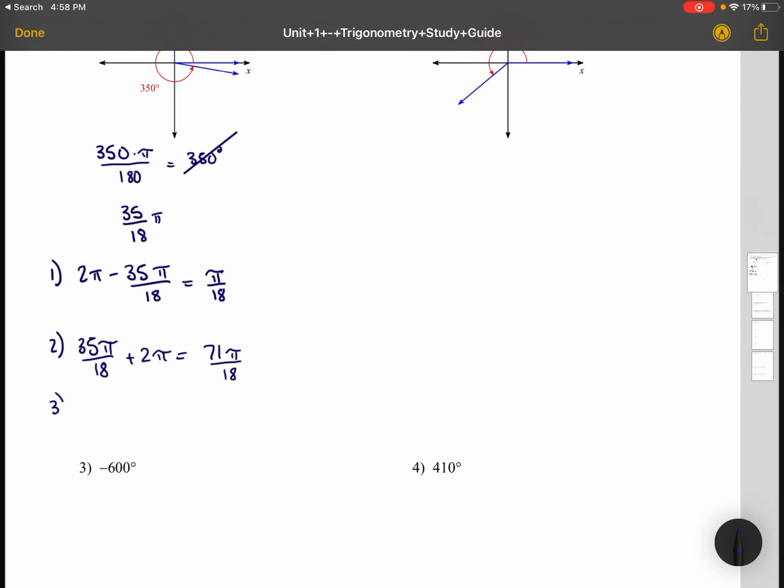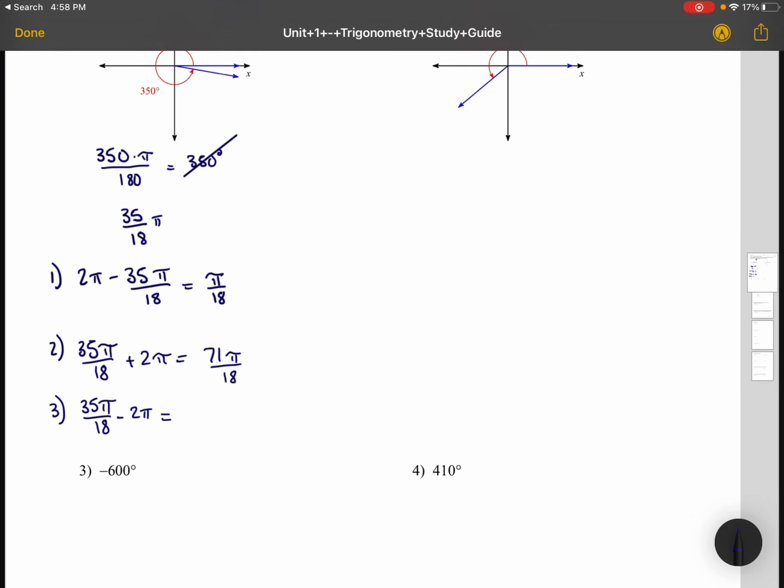Next is the largest negative coterminal angle. So we want to take 35 pi divided by 18 and subtract 2 pi until we get a negative. So now, fortunately, 2 pi is the same as 36 pi divided by 18. So we get negative pi divided by 18.